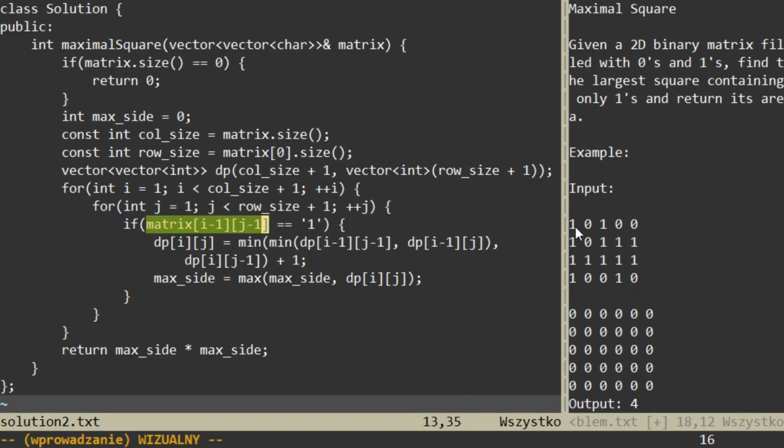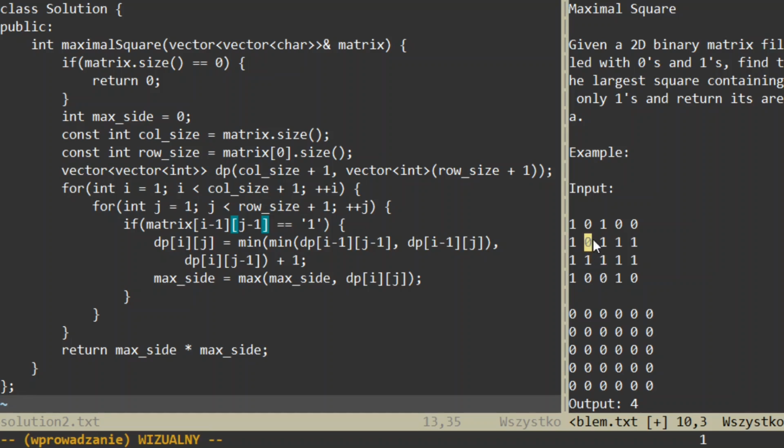So we are computing whether, for example, this point isn't the bottom right corner of a square.